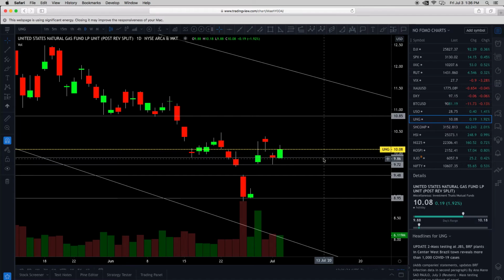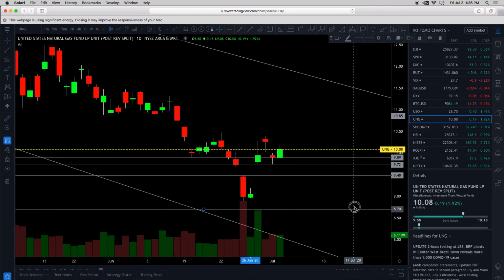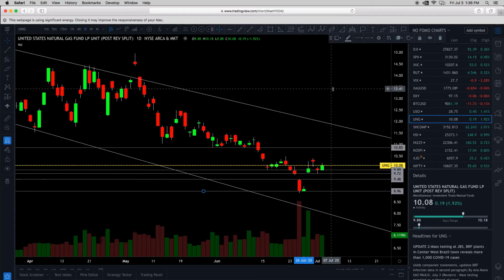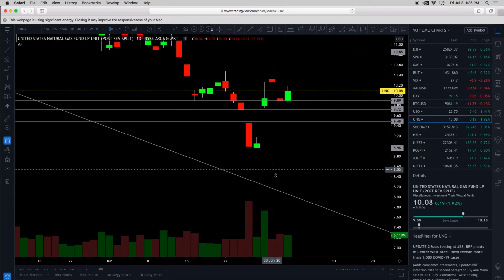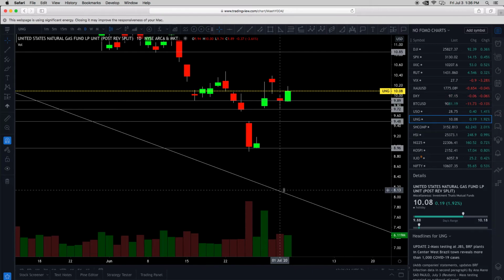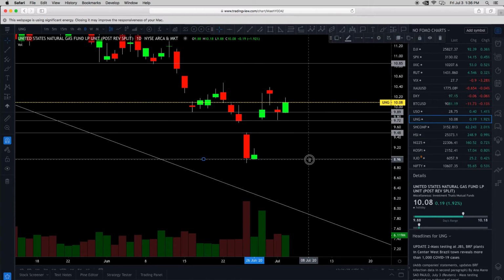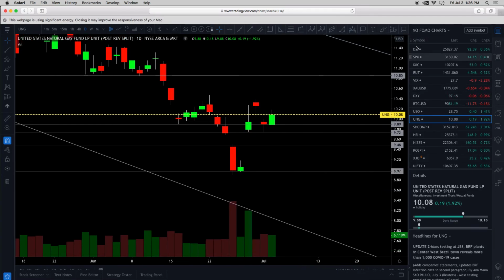Okay, UNG ETF, natural gas. Last time I was saying that natural gas is in a downtrend for this year. It didn't go all the way down to my support targets in the $8.50 to $8 range, but it did stop here at $9. So there is a clear battle between the bears and the bulls. Also, there's a relationship to futures and options, but I'm just going to call it bears and bulls.